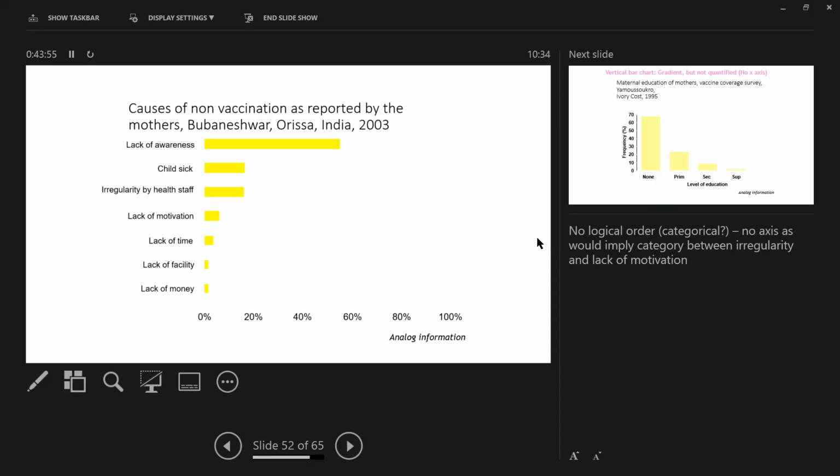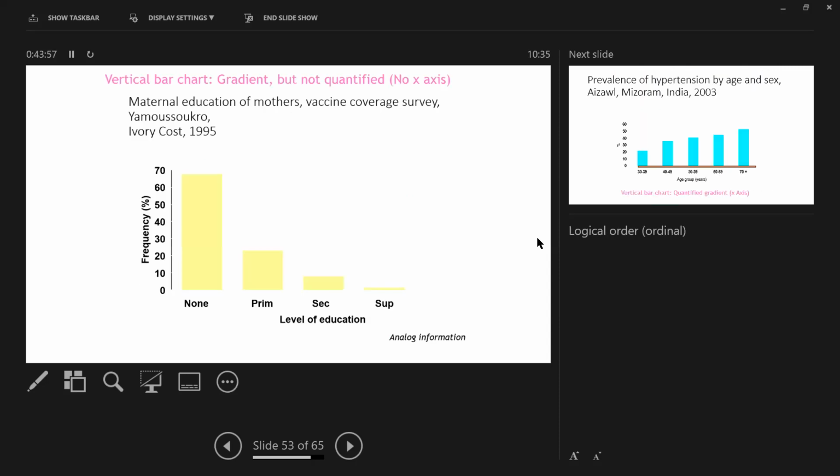If you have a logical order, like level of education and vaccine coverage, okay? It's not a numerical variable, but in your categories there's a logical progression from no education to higher education. So you'll notice that there's no axis, but it's organized as a vertical bar chart.